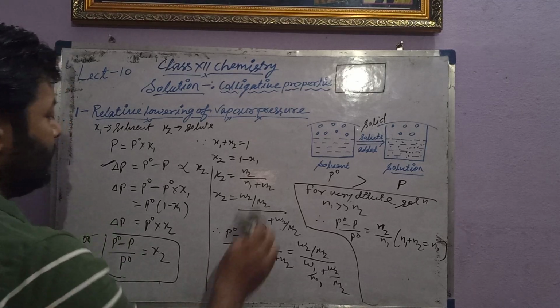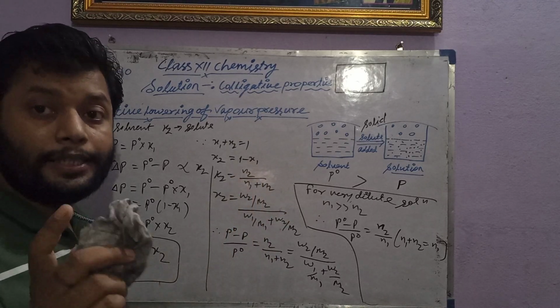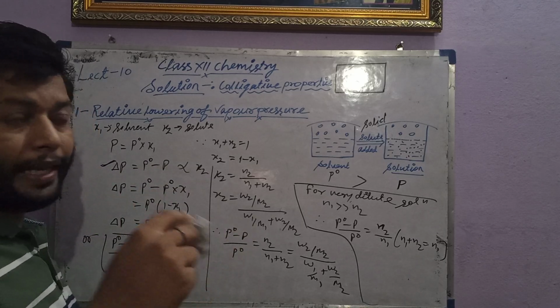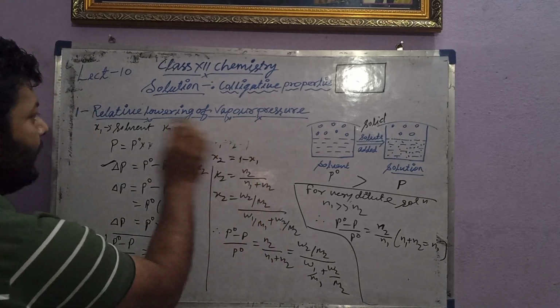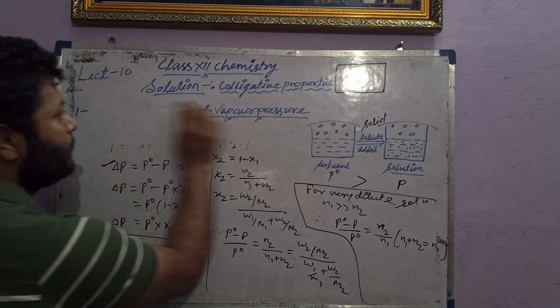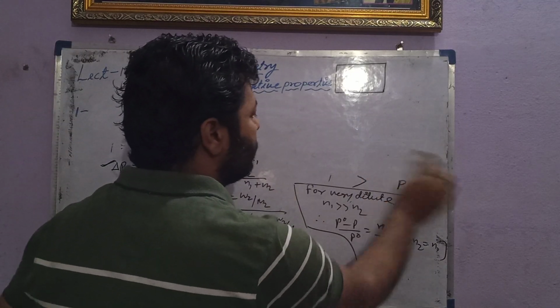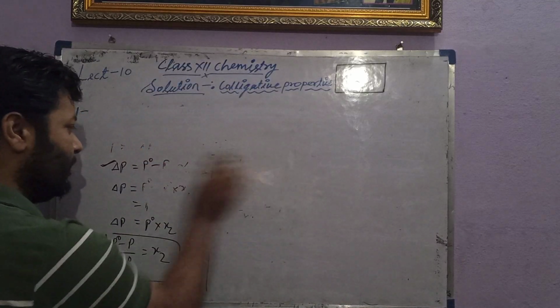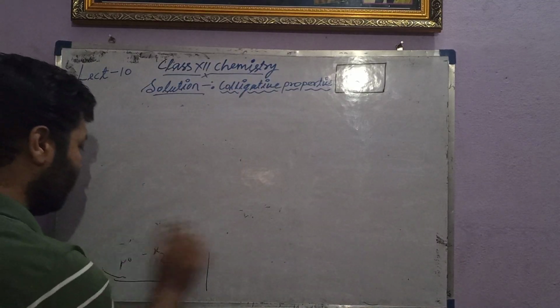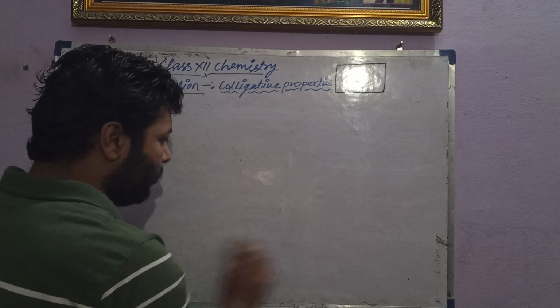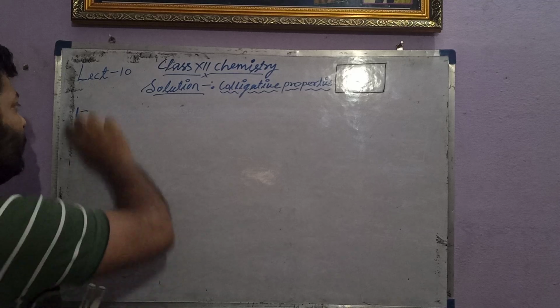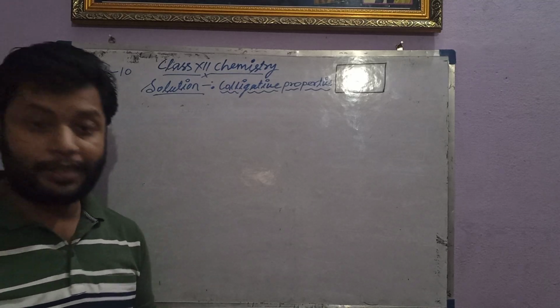Now we start the second property, that is called elevation of boiling point. This is one of the very important lectures of this chapter, and many times in board exams they ask numericals from the topic elevation of boiling point or depression of freezing point.